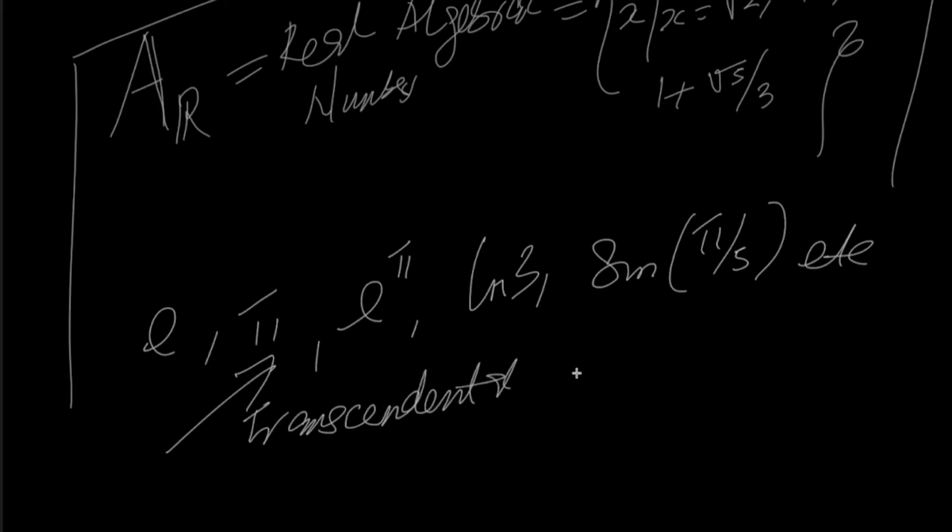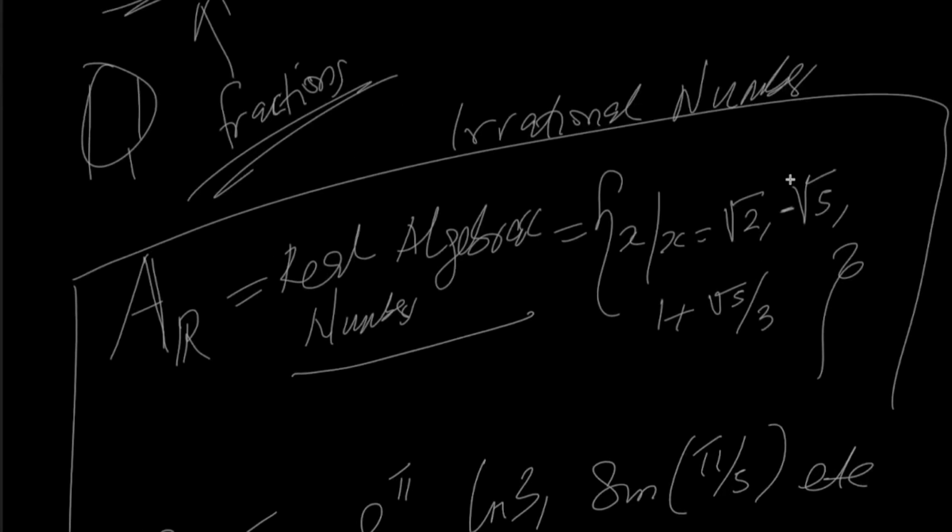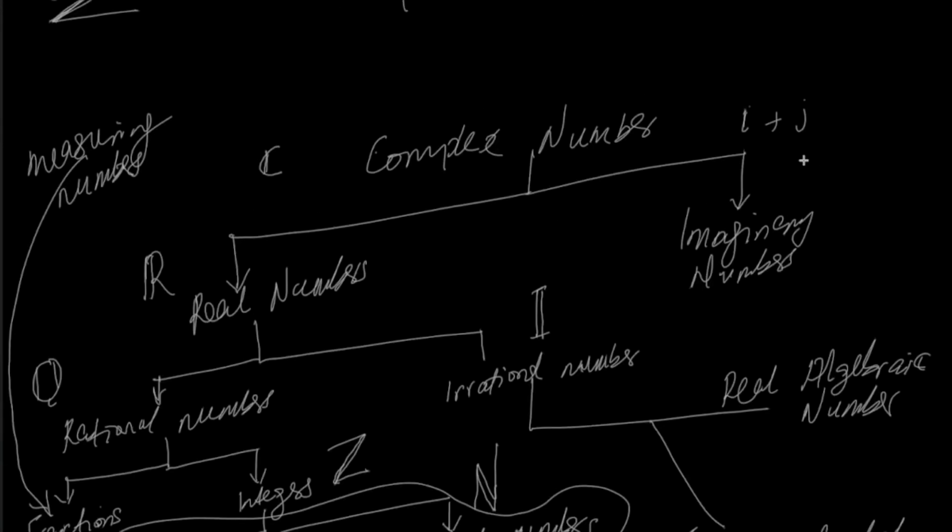Transcendental numbers. Both this and this put together are referred to as what? Irrational numbers. Okay? For the imaginary side of the complex numbers, we have something like this: a plus bi. We say this one and this one are the what? The real numbers. While this guy is the what? The imaginary number.